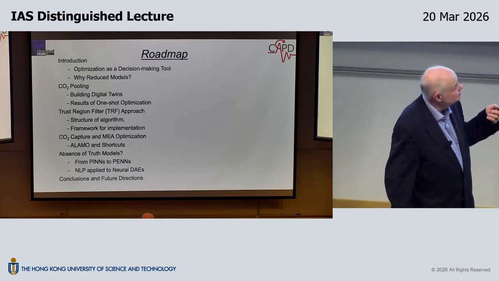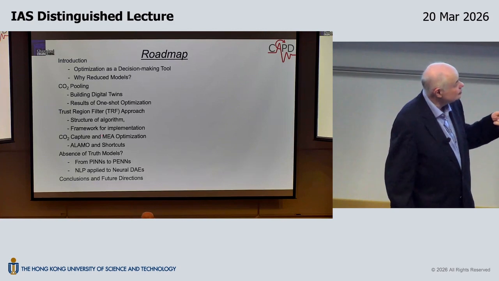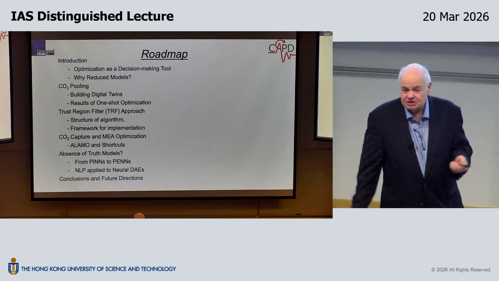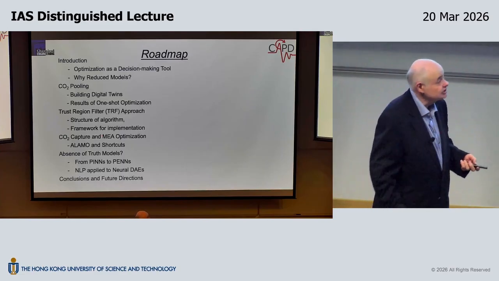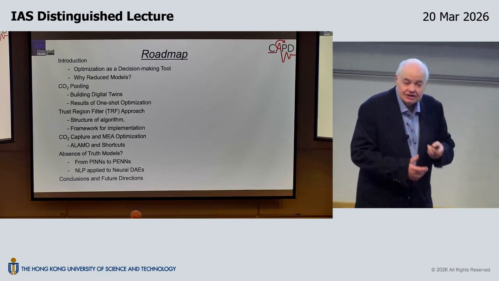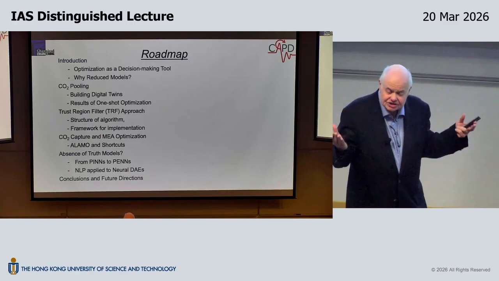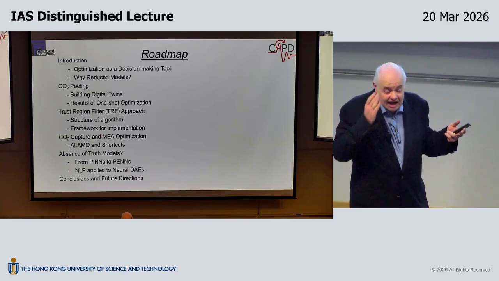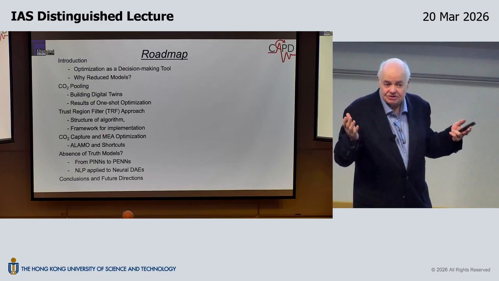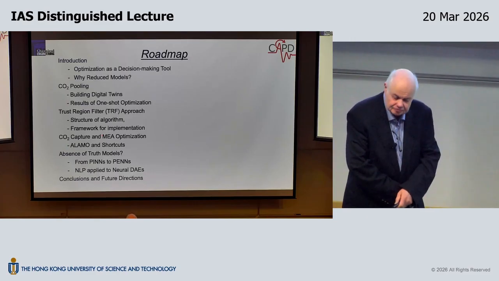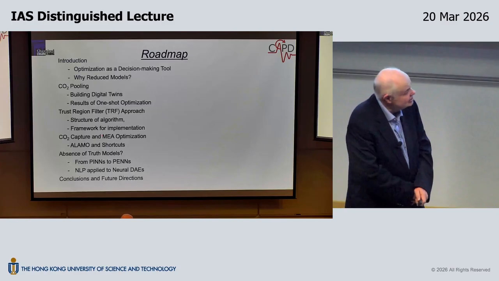I'm going to show you the motivation for this idea here with reduced modeling. It's why people are talking about digital twins. It's the idea that we have systems that are very complicated. They may or may not be described by truth models, but more than that, they need some reduction.